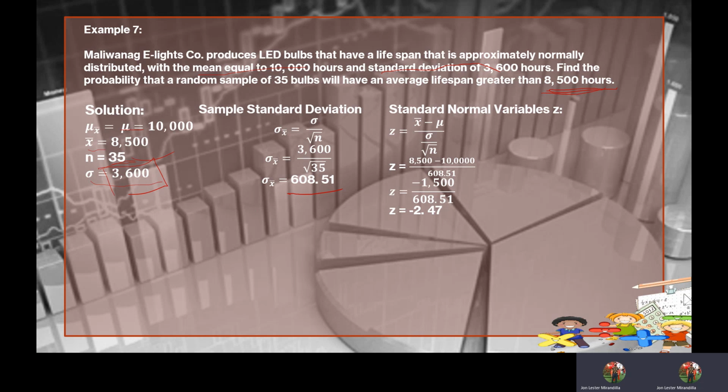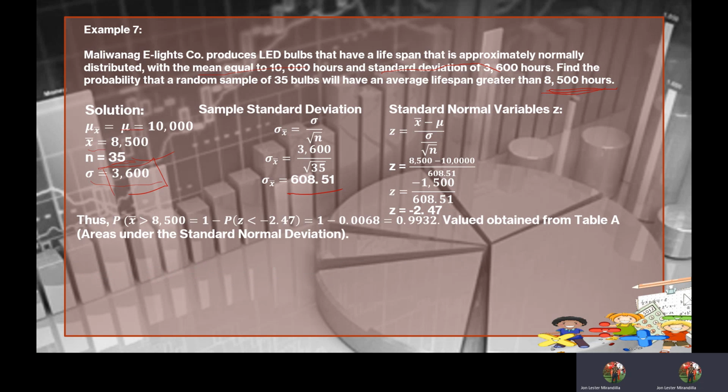And to get the probability of this z-score, we need to use the z-table. Kunin yung mga z-table nyo and hanapin nyo, i-plot nyo si negative 2.47 sa ating z-table. At since ang nakakabit dyan is greater than, di ba dun sa ating example nun sa week 4, kapag gumagamit ng greater than, we need to subtract our values from 1.